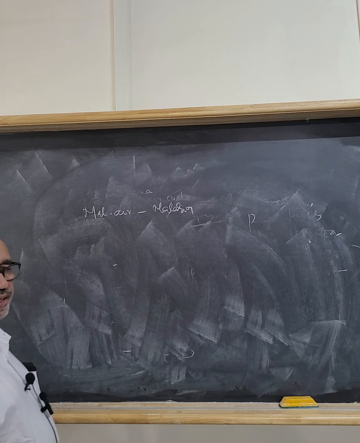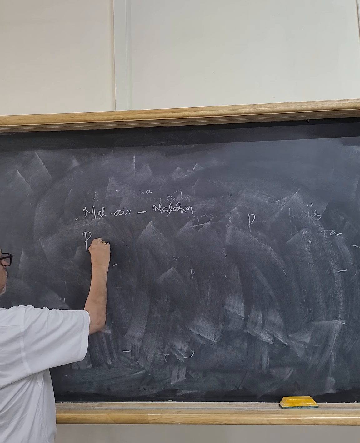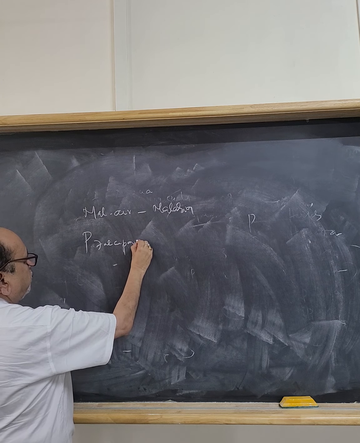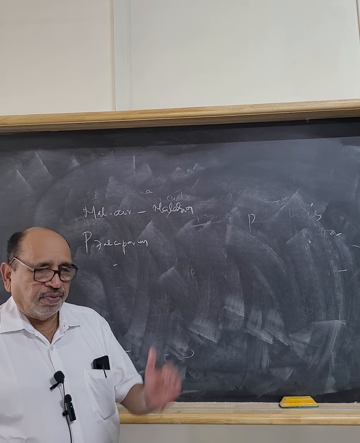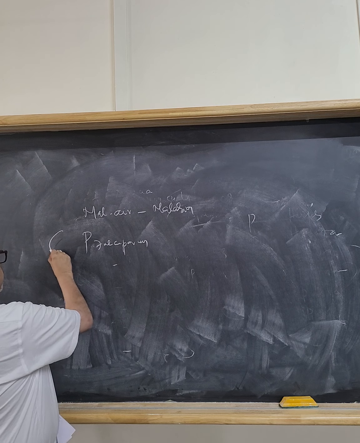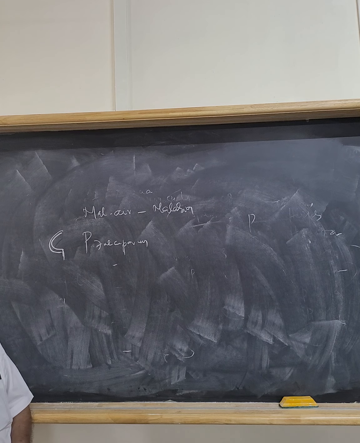So, Plasmodium falciparum. Why is it called falciparum? The gametocyte looks like a falx, a sickle, banana shaped, like the sickle used for cutting crops.